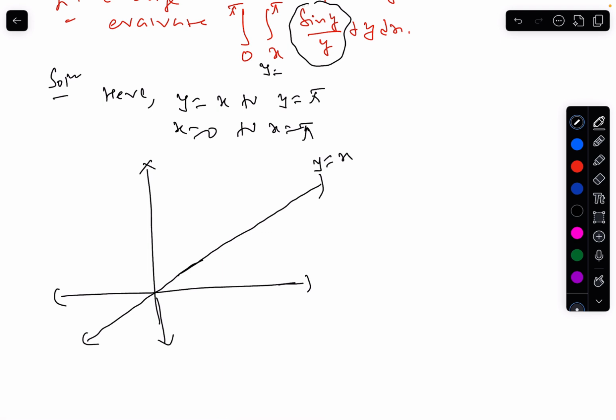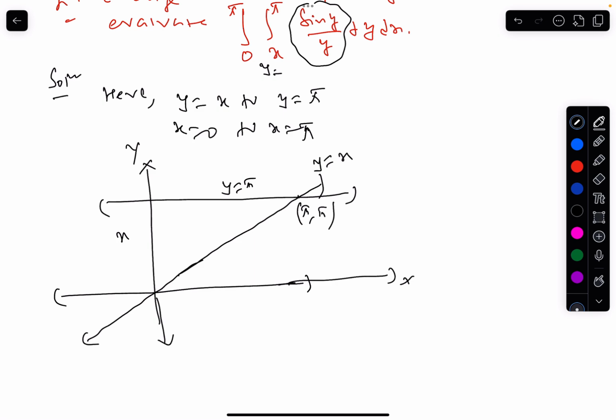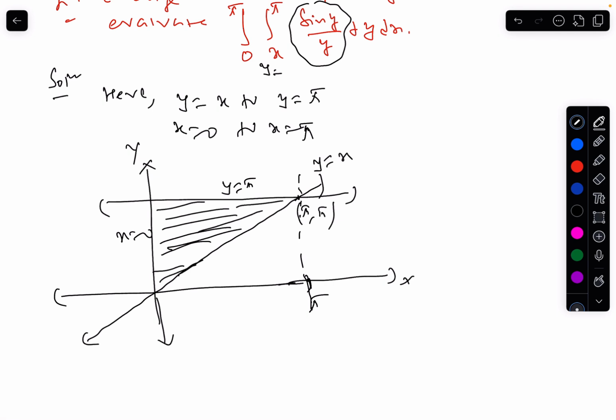Then y is pi. So somewhere say here, this line y is pi. So this point is (pi, pi). This is x equal to 0 and x is pi. So this is x equals pi. Okay. So the region of integration is this one. This is the region of integration.